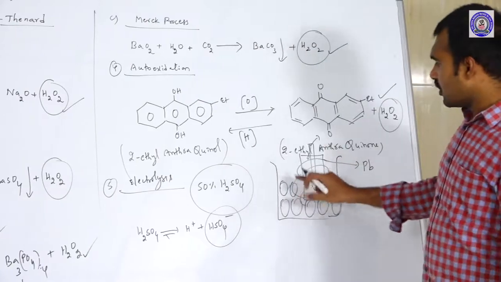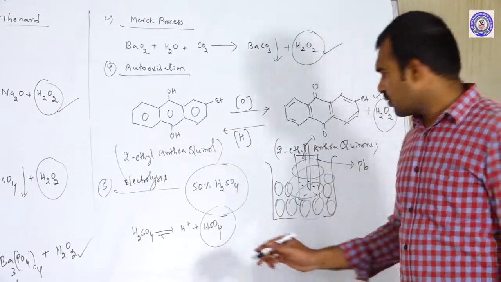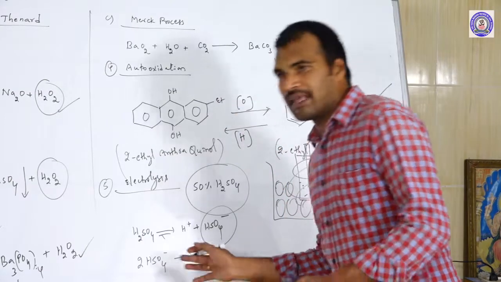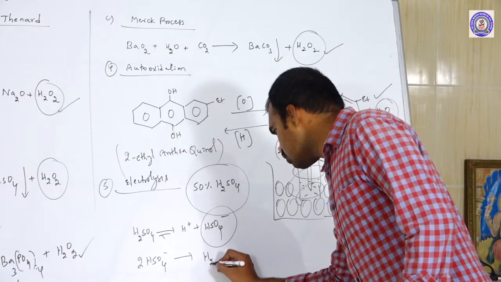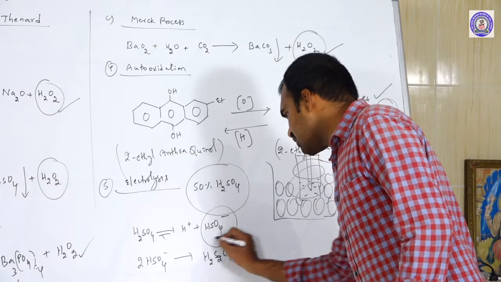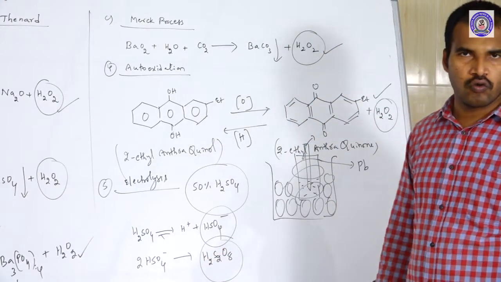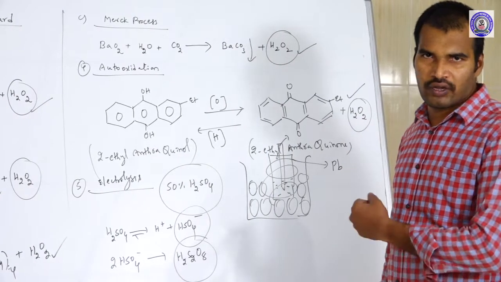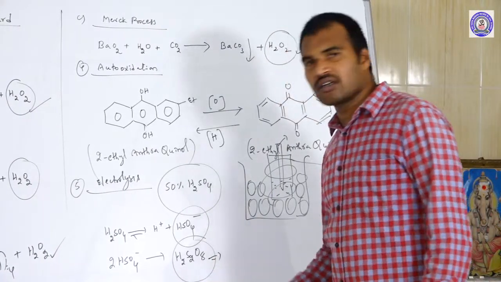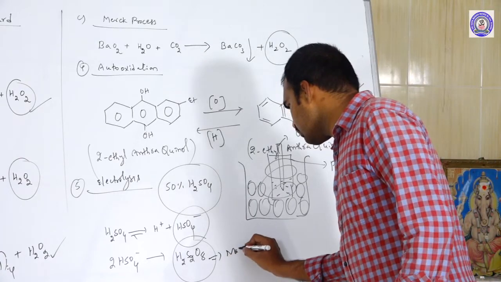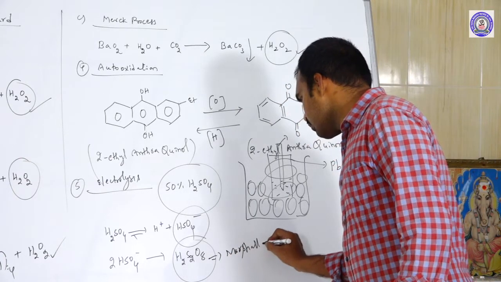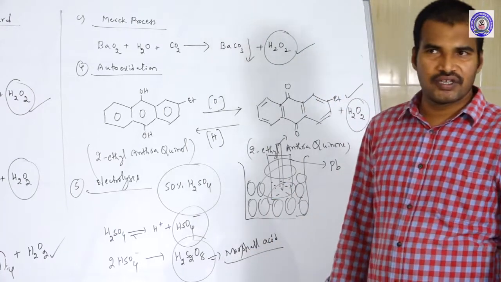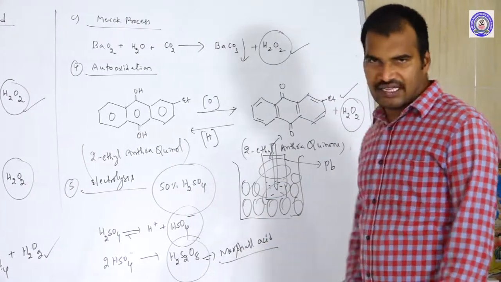When it is electrolyzed, 2 moles of HSO4 minus dimerize and we get H2S2O8. What do we call this one? Disulfuric acid, also called Marshall acid.